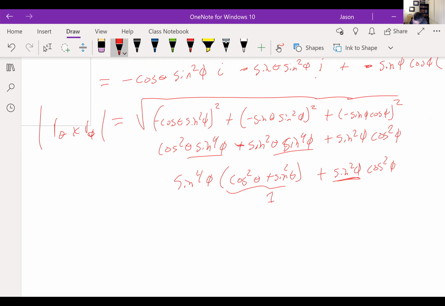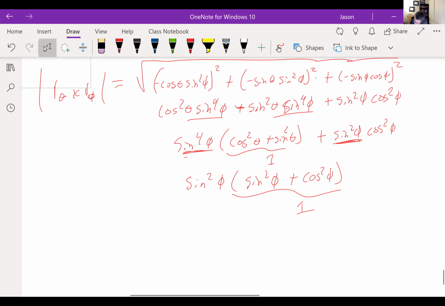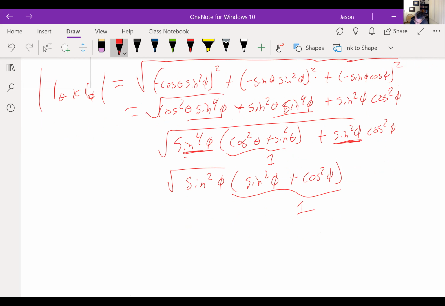I'm going to factor out a sine squared phi out of both of these, so that's sine squared phi times sine squared phi plus cosine squared phi. So that's another one. Then I'm just going to take the square root of that, because this is all square rooted. And so this ends up being the absolute value of sine phi.